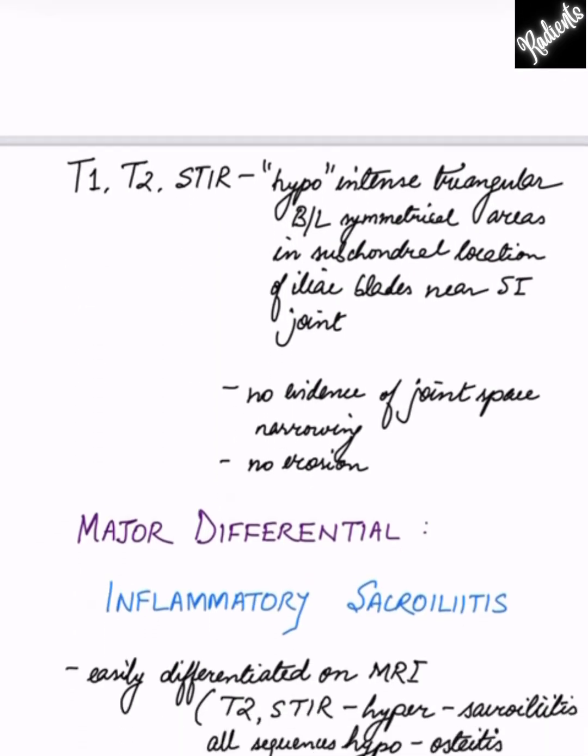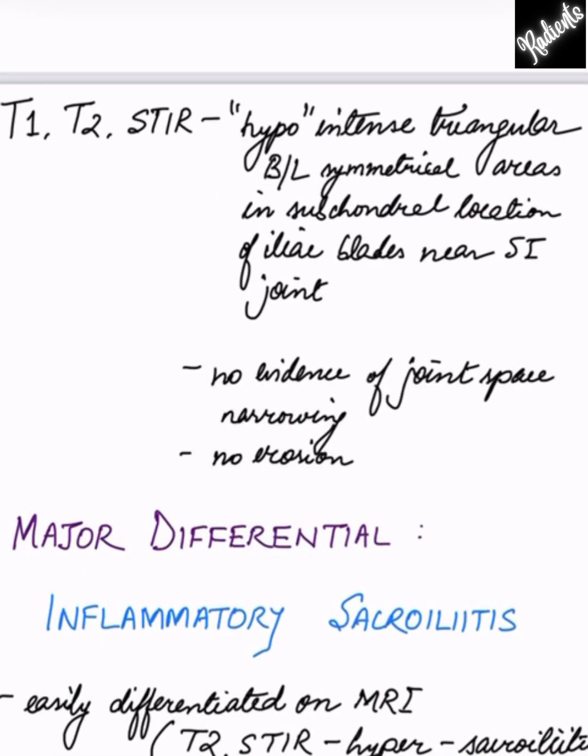So on T1, T2 and STIR, in all these sequences we will get hypointense triangular bilaterally symmetrical areas in subchondral location of iliac blades near the SI joint, and there is no evidence of joint space narrowing and no erosion. This is an important negative point because these are the things that we are going to find in the closest differential of this condition.